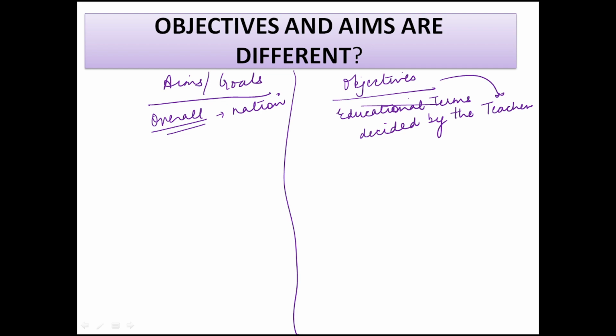Goals have a very large perspective, and they determine what kind of citizen they want in their nation. So you can say that objectives are the chain process of the goals. When all these objectives are fulfilled, they will fulfill one goal. So objectives are a part of goals.